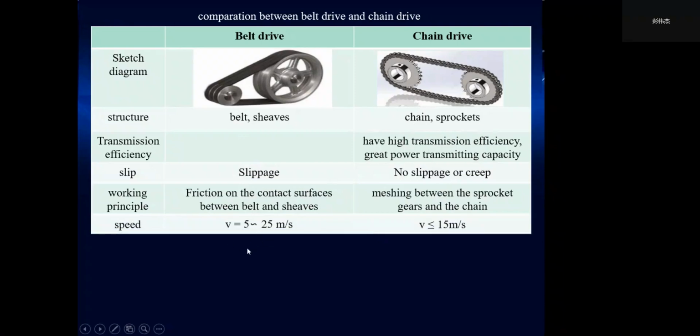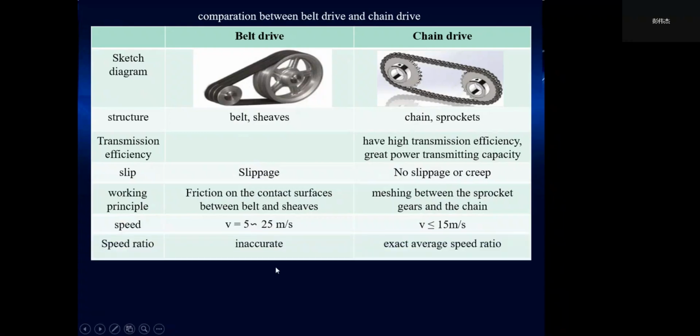The speed ratio of belt drive is within the range from 5 to 25, and the speed ratio of chain drive is less than 15.